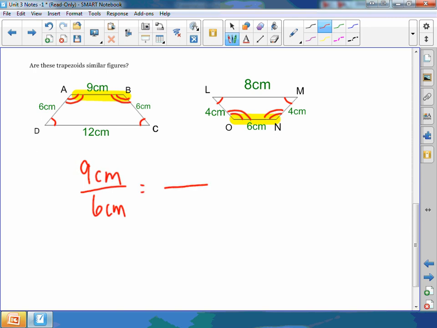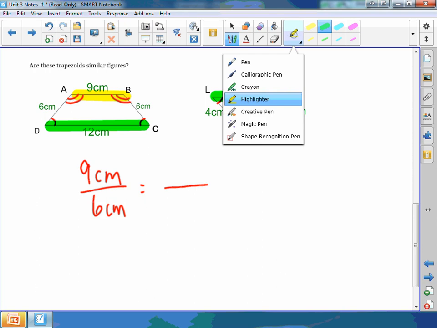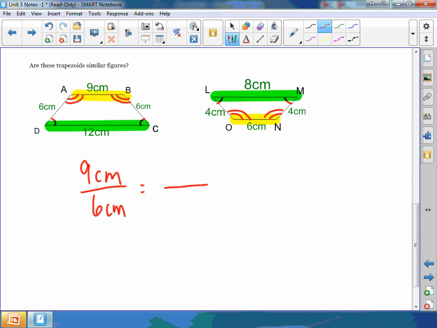I'm going to find a different pair of corresponding sides, because if this is proportional, then these must represent equivalent ratios. Since I put the big trapezoid first, the 9 to 6, I've got to put the 12 to the 8. And then pause here and check to see, is that a true statement? Is the ratio of 9 to 6 equivalent to the ratio of 12 to 8?